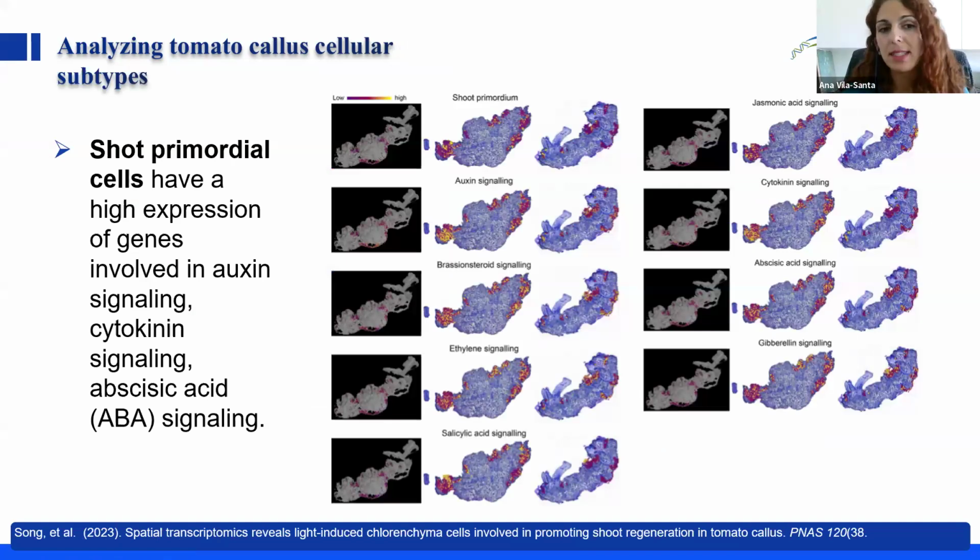First, they were able to see that these shoot primordia cells had a high expression of genes involved in multiple signaling pathways, namely including these molecules of auxin, ethylene, salicylic acid, etc. So this was already important to try to understand how these signaling molecules may be contributing to the organogenesis process.